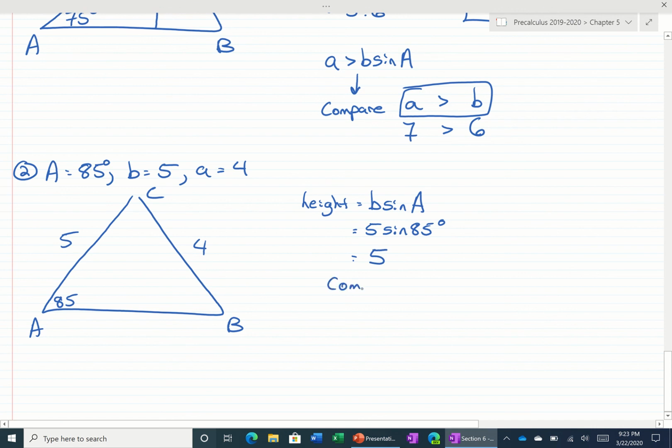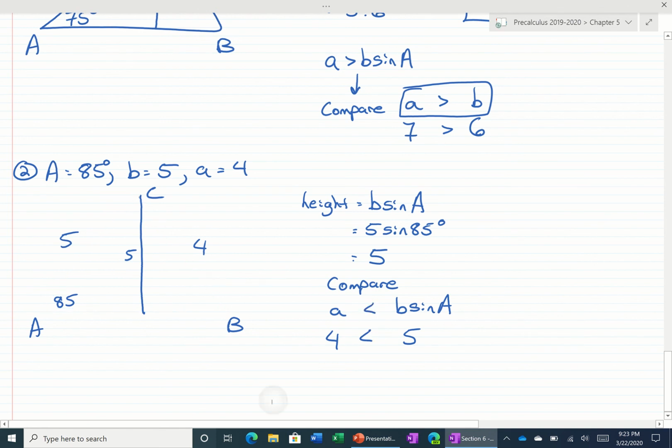So we're going to compare side A and the height. Well, it looks like side A is 4 and the height is 5. So side A is smaller than the height. If we were drawing it to scale, it would look something like this.